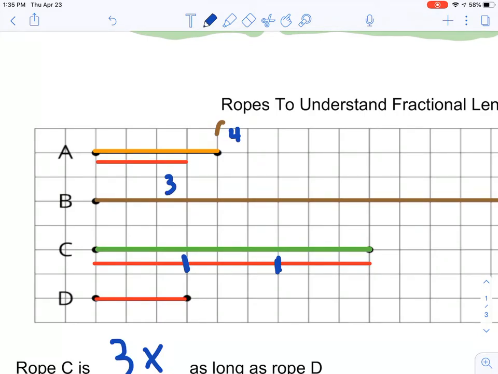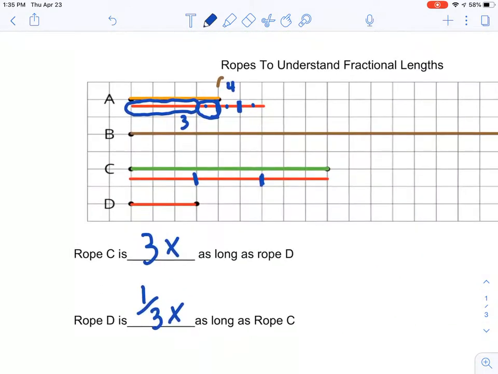Rope A is 4 and rope D is 3, but we realize now that rope D does not fit into rope A perfectly, so there's going to be a fraction of a length here. Okay, let me just go ahead and make another paste, and we can see that rope D fits into rope A 1 full time, and if we were to divide it into 3 groups, we can see that it fits in 1 full time plus 1/3 of a time.